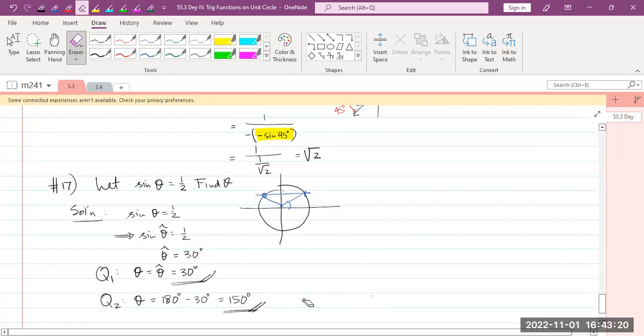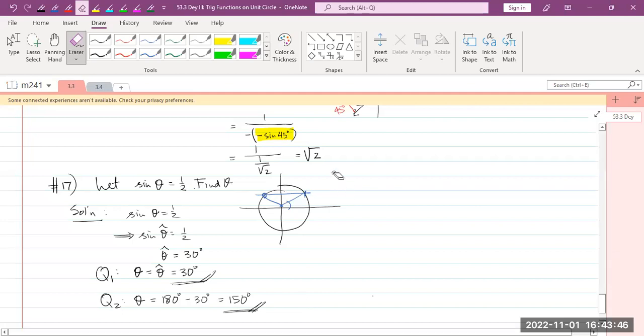And remember, if you use sine inverse, that will give you an acute angle only, while we know that there are 2 angles that give you sine theta equals 1/2 in this unit circle. Okay, so look at the reference angle first, and then think about it. Oh, you know what? Sine is positive in quadrant 1 and quadrant 2.